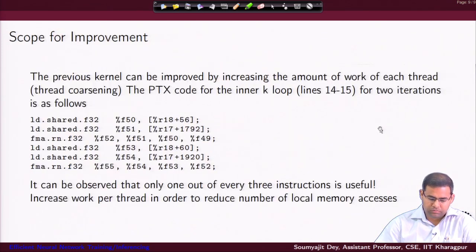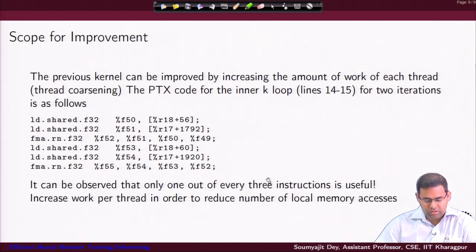So, in each iteration of the loop, the per thread activity is as follows. You are doing two shared loads followed by one fused multiply add operation. Again, in the next iteration of the loop, you are doing two shared loads and the real operation you are doing is one fused multiply add.